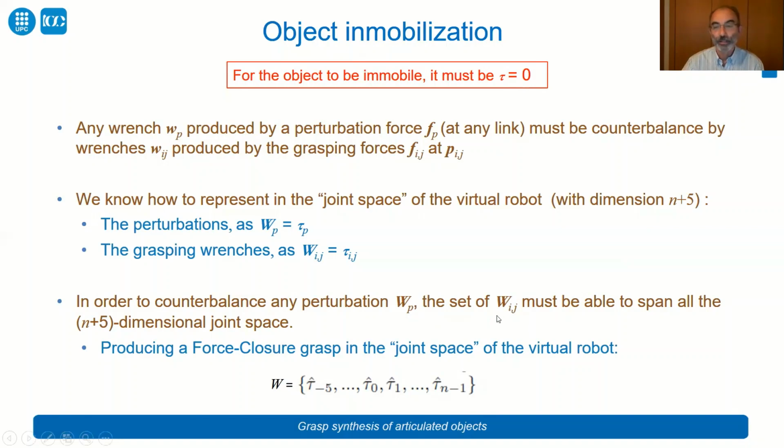So in this way, the ranges applied by the fingers can counterbalance any perturbation on any of the links of the articulated object. So the effect is producing a force closure grasp in the joint space of the virtual robot described here.